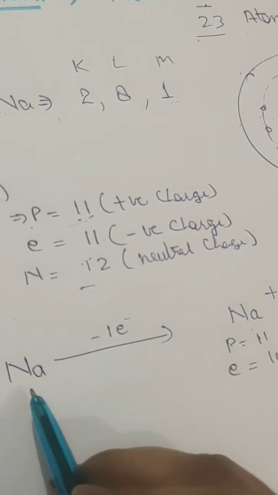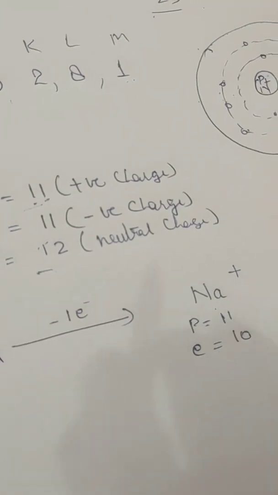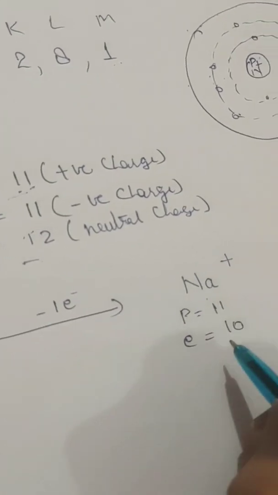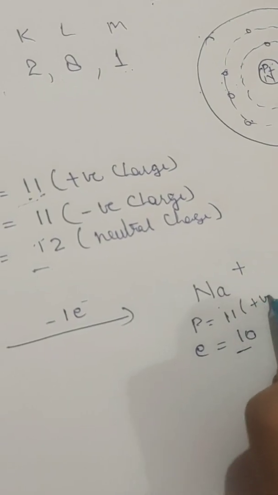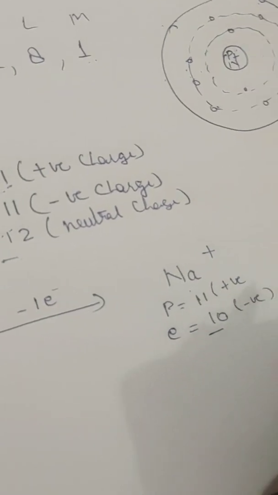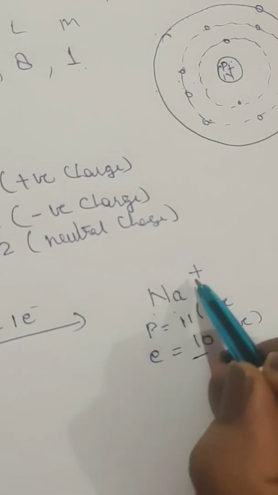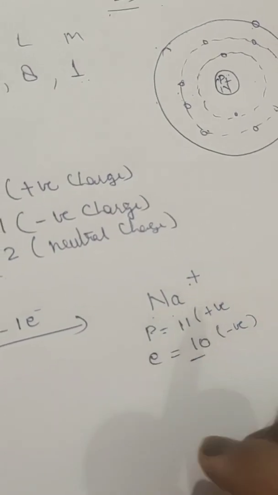Why 10? Because it has given 1 electron to some other element. Since the positive charge is greater and the negative charge is smaller, it will have a positive charge. So it becomes an ion.